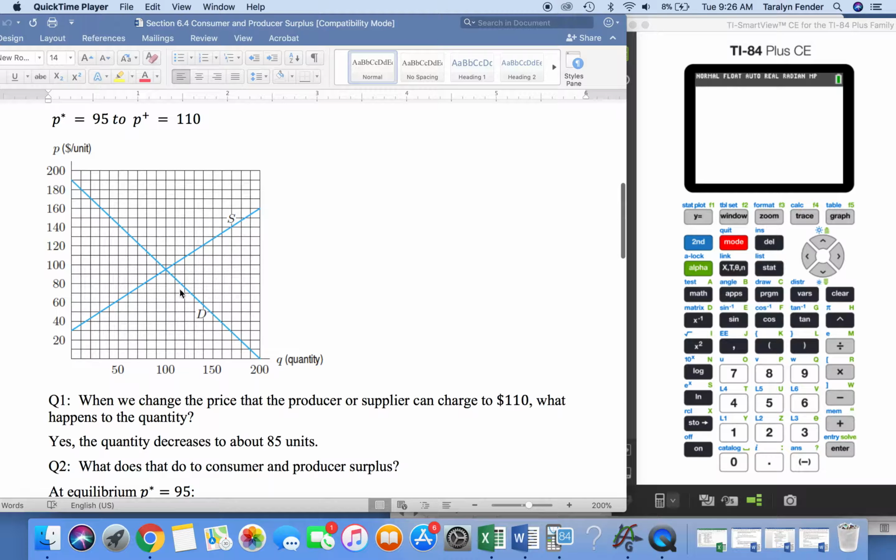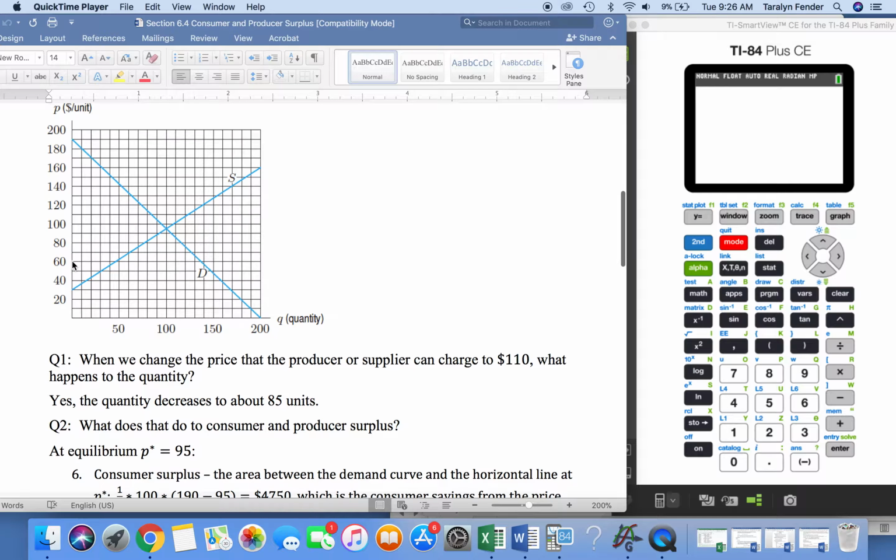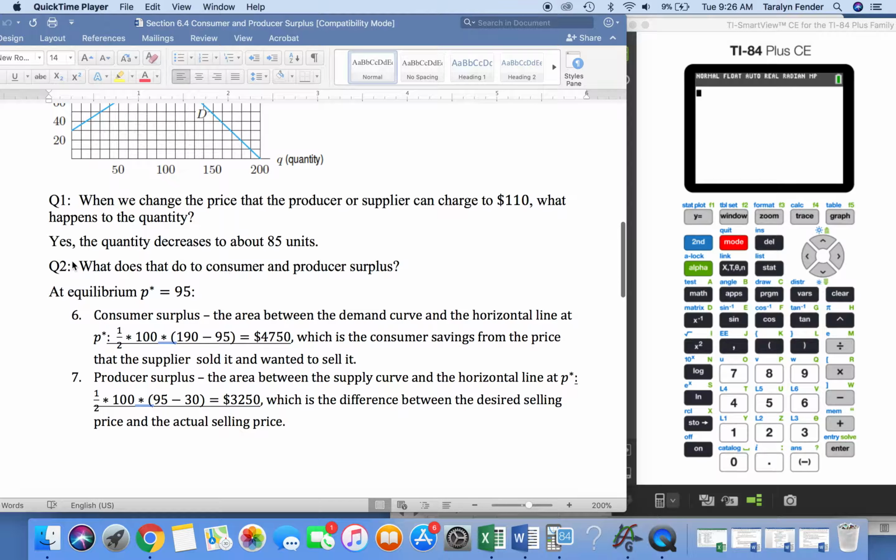Well, the person wanted to sell it at $190, but now we're selling it at $95. So what does that do to our surplus? Consumer surplus, we have 190 minus $95 times 100 times 1/2, because we have a triangle. That gives us a surplus of $4,750.